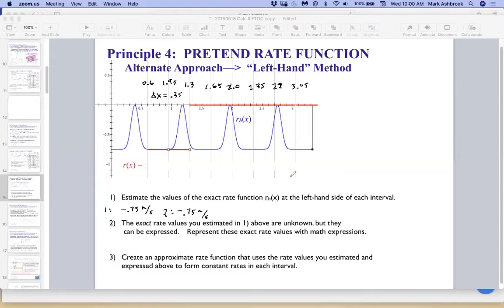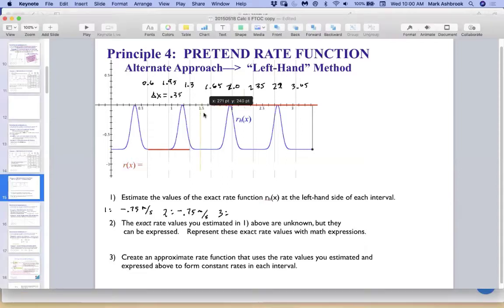Okay, next interval. So what do you think, what is the exact rate at the left side or the beginning of this interval? Is it negative 0.75 again? Is it negative 0.7? Yeah, around negative 0.7. So I'll move it down here, and then maybe after I get it there.